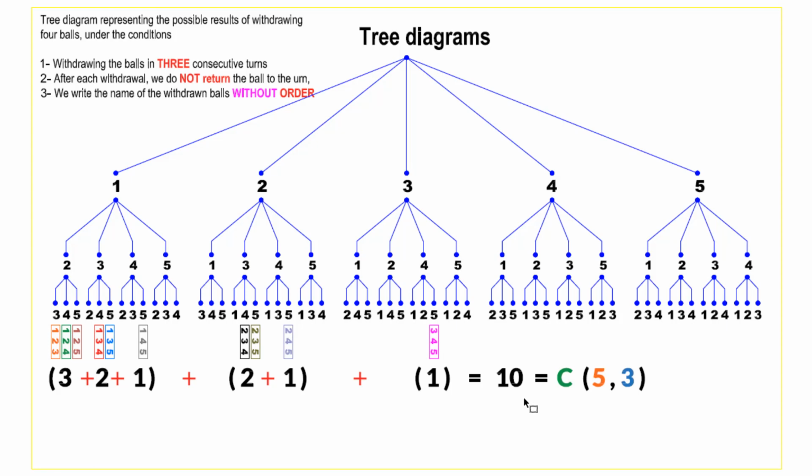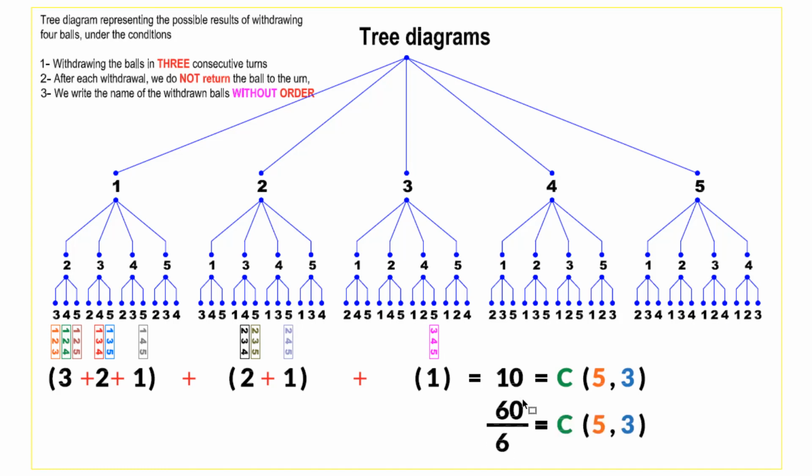Now we have to remember an important fact that this tree was originally derived from the permutation of elements without replacement, and it gave us combination of elements without replacement after we omitted all ordered sequences. So what is this 10 here? It is 60 divided by 6.